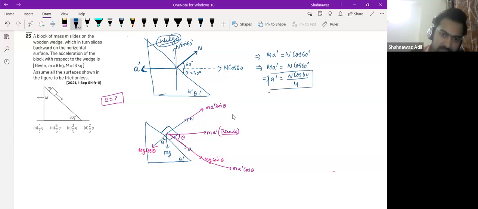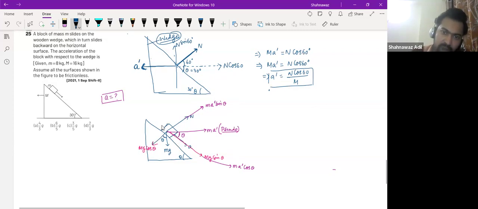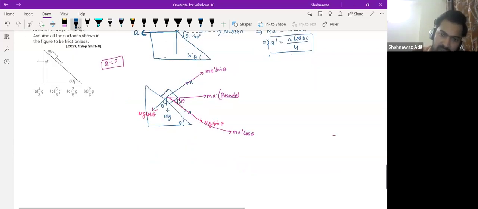Now, this block is moving. So we will write every force which is acting on this block. But this block is in this wedge, and this wedge is also moving. So we have an accelerated frame, moving in this direction.